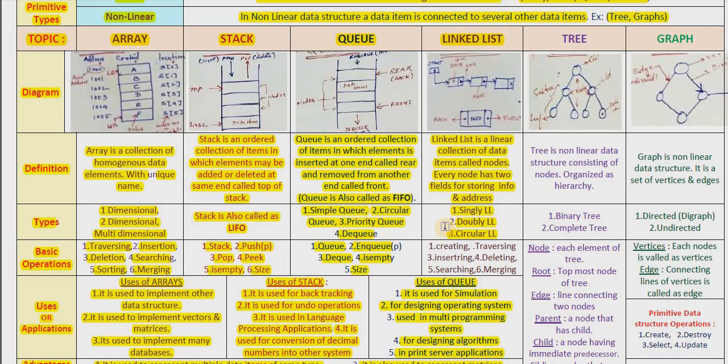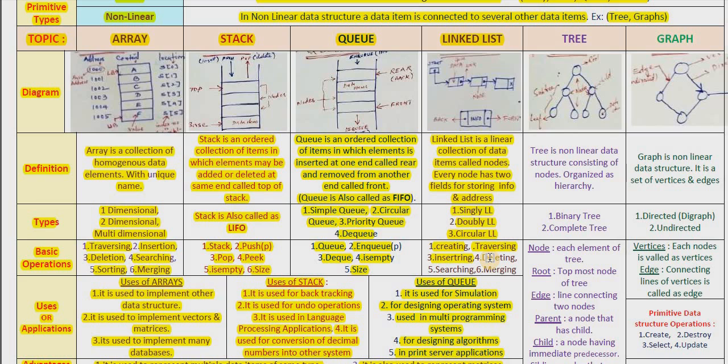Next, what are the operations of linked list? First, creating: this operation will create an empty linked list in memory. Second operation is traversing, which is nothing but reading, touching or accessing all the nodes. Third operation is inserting, which is nothing but adding a new node in the linked list.